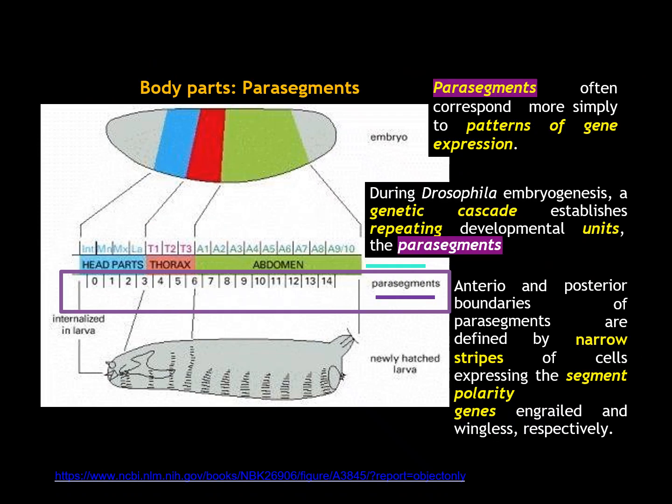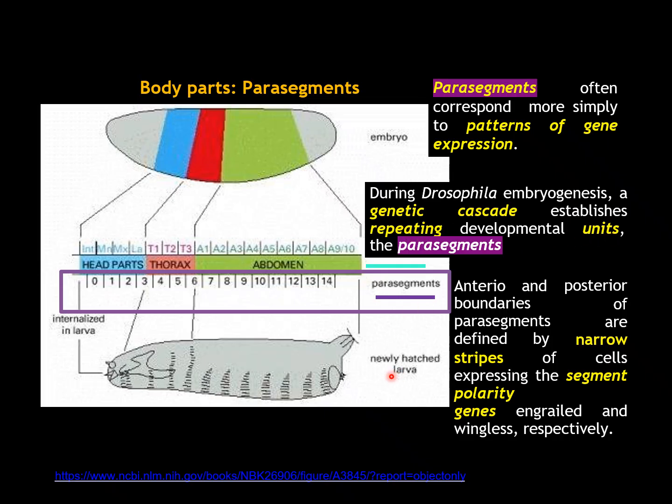However, if you go beyond the phenotype and go to the genotype and to the development, you realize the parasegments actually correspond to the patterns of gene expression, to the cascade of events that produce these developmental units that are the parasegments.